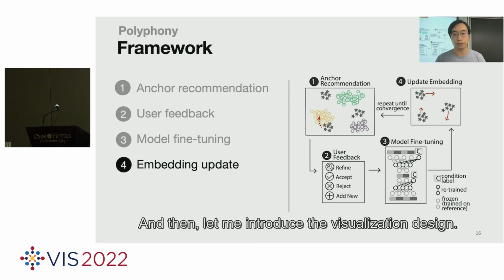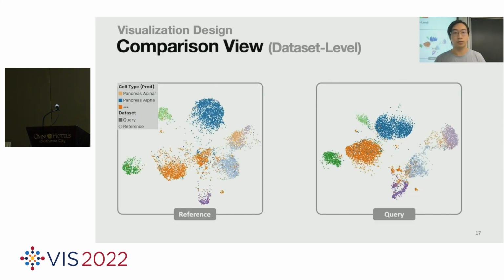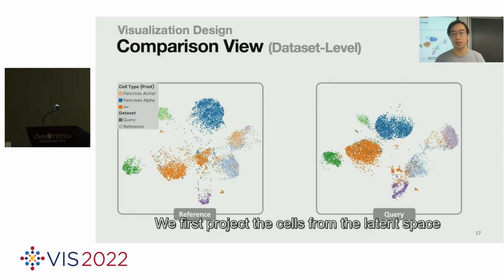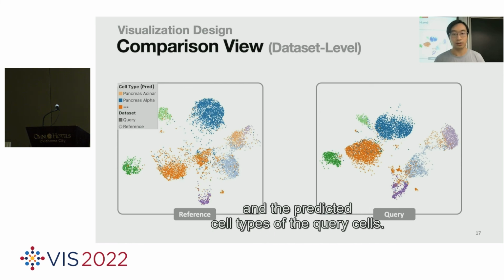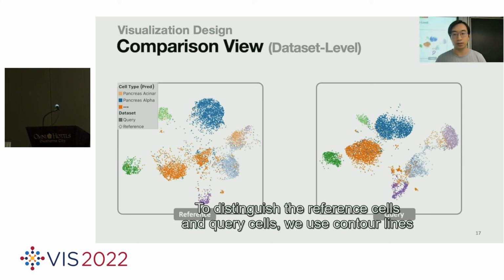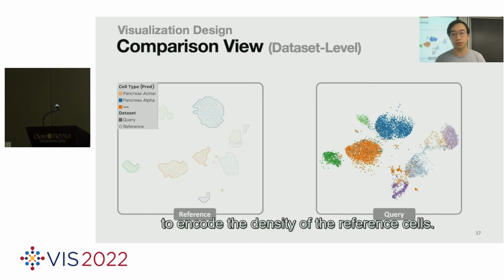Then let me introduce the visualization design. We first project the cells from the latent space to a 2D plane with the UMAP algorithm. The color encodes the cell types of the reference cells and the predicted cell types of the query cells. To distinguish the reference cells and query cells, we use contour lines to encode the density of the reference cells.